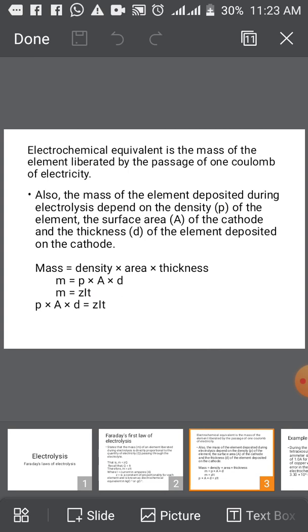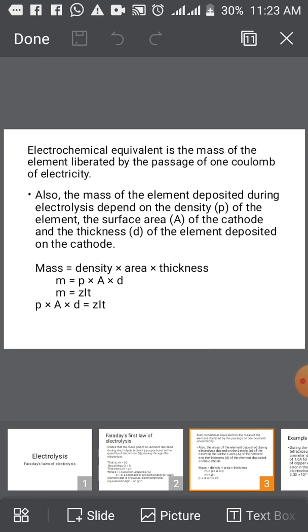Also, the mass of the element deposited during electrolysis depends on the density ρ of the element, the area A of the cathode, and the thickness D of the element deposited on the cathode, which means mass is equal to density multiplied by area multiplied by thickness.